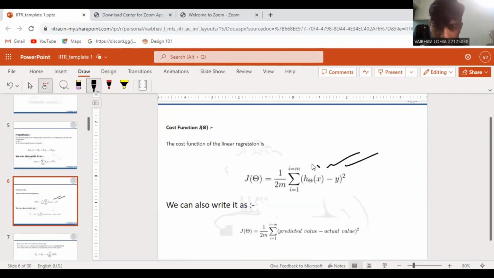In this formula, h theta x is our predicted value and y is our actual value. We have to minimize the error between them, and we take their L2 norm.